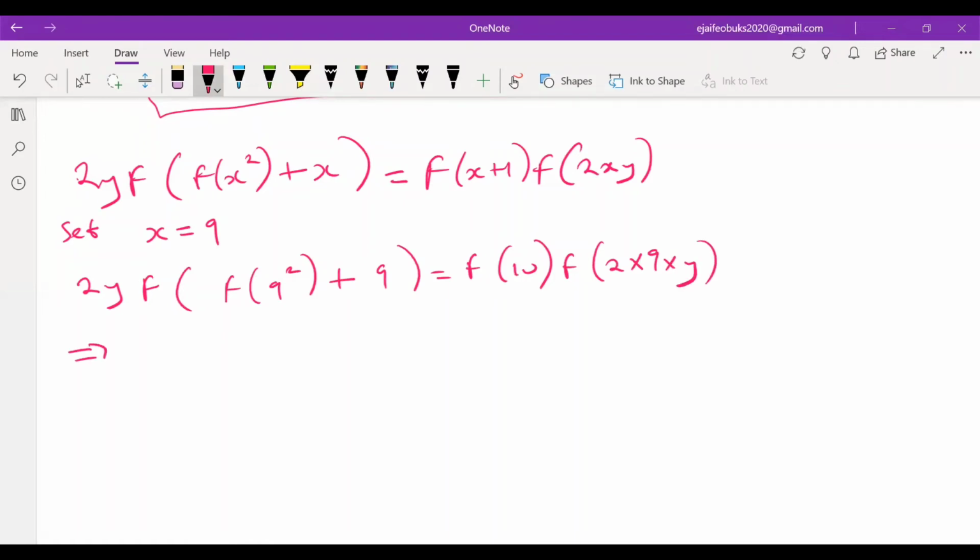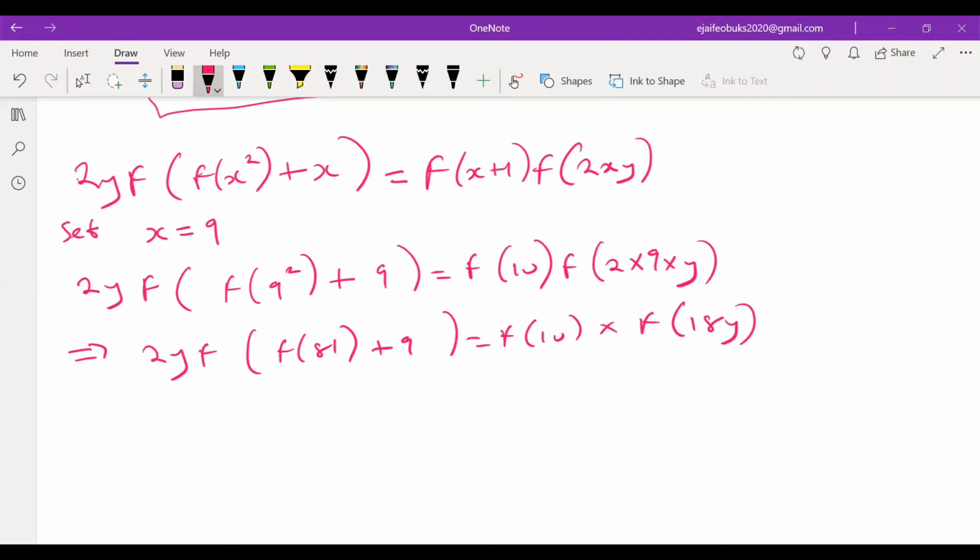That means 2y times f of 81 plus 9 is equal to f of 10 times f of 18y. And this f of 18y is the same thing as 9y f of 2. We already knew this before.